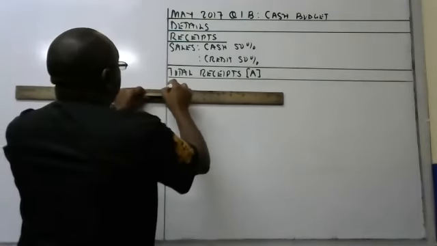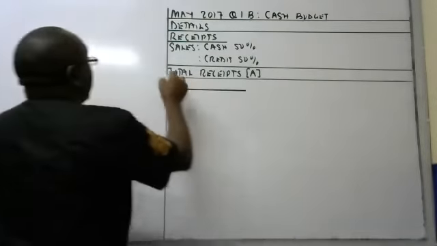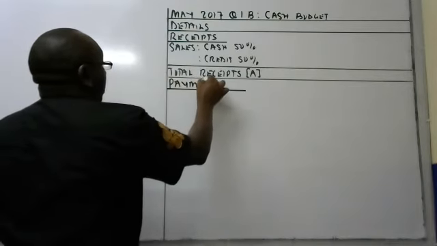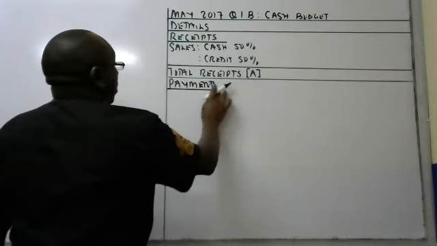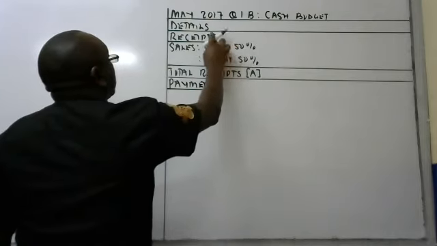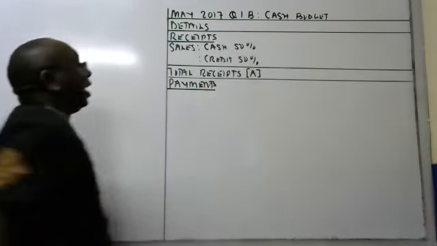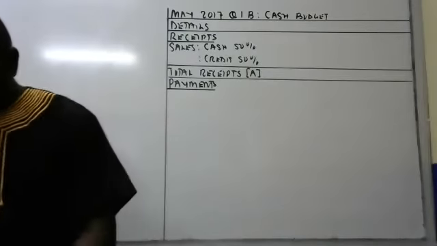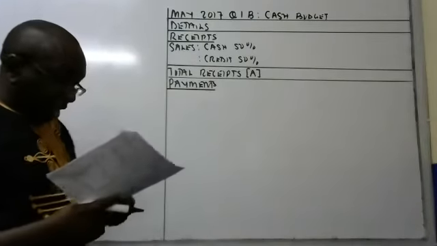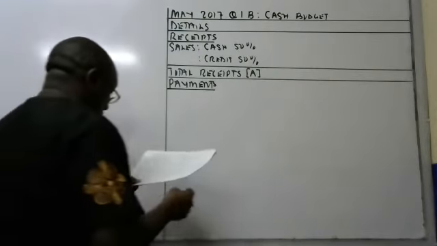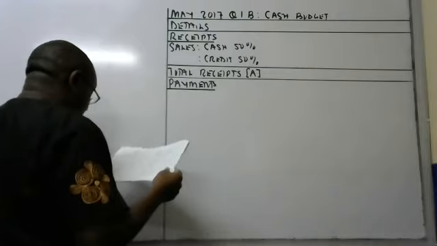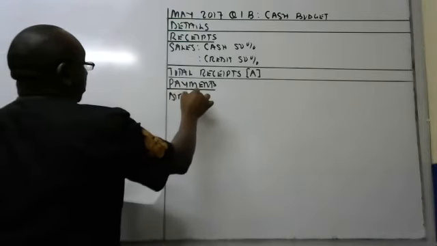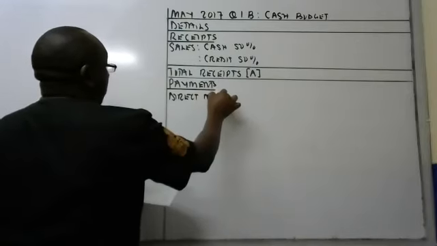Then we bring the next part of the cash budget, which we know so well, called payments. When you look at information 2, you can see direct materials. We will be paying direct materials, that is for the suppliers.